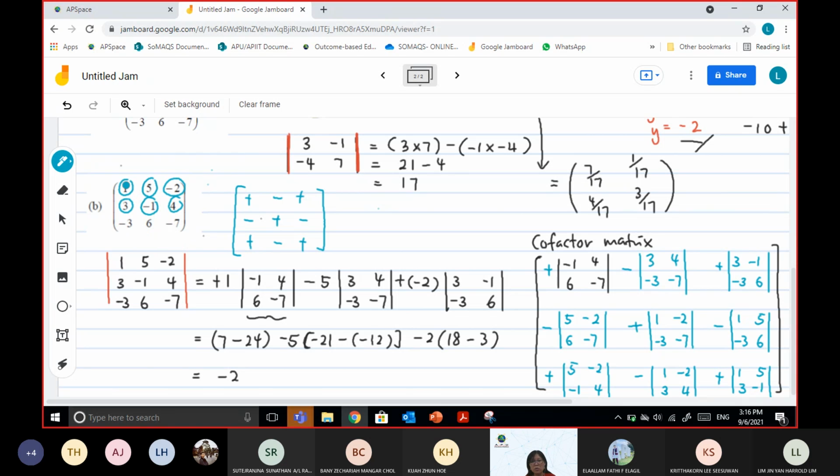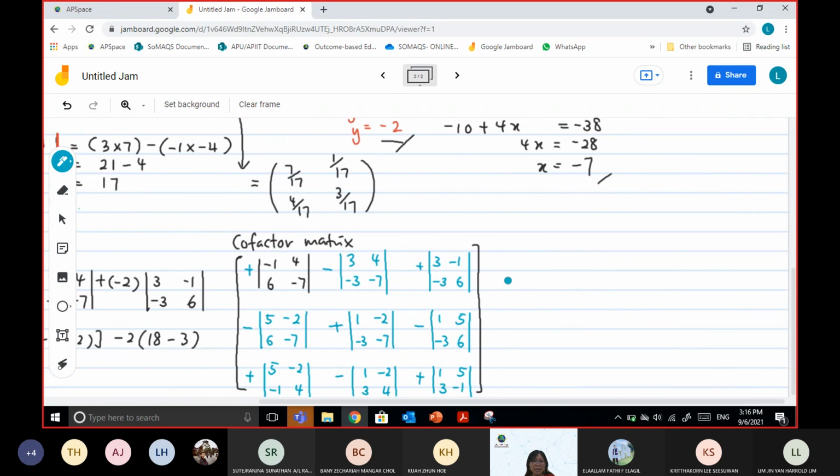Last row and last column, so it should be 1, 5, 3, negative 1, not negative 3. So these are the determinants that we need to calculate in the cofactor matrix. Then next we need to calculate these values. Okay, guys, let's calculate now.